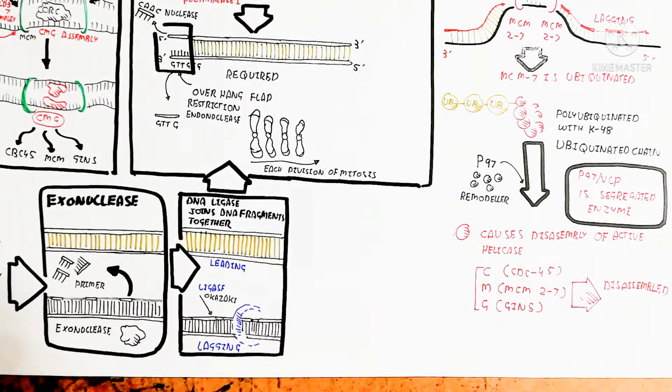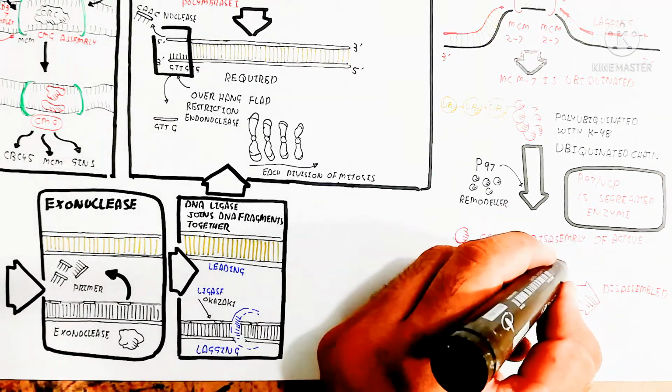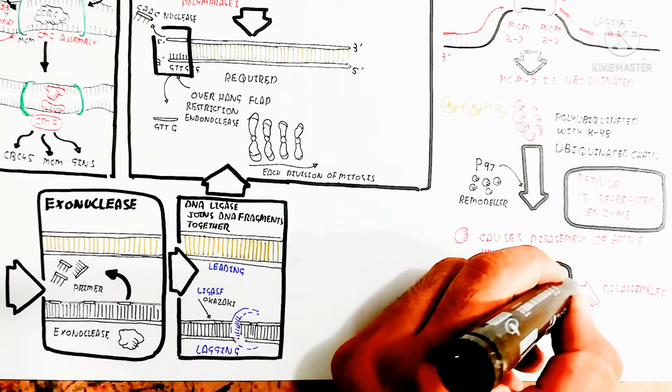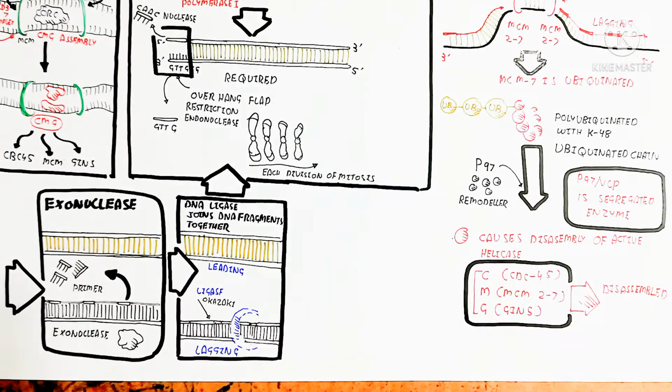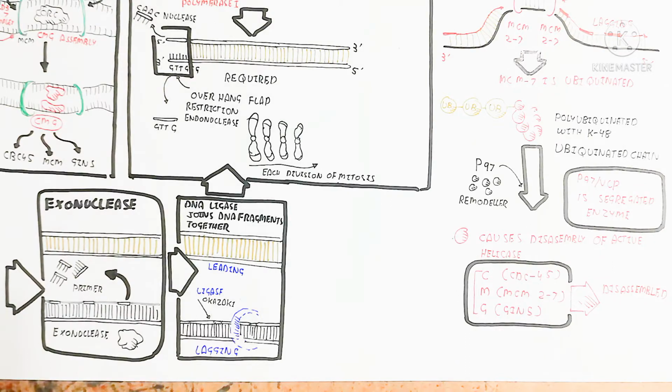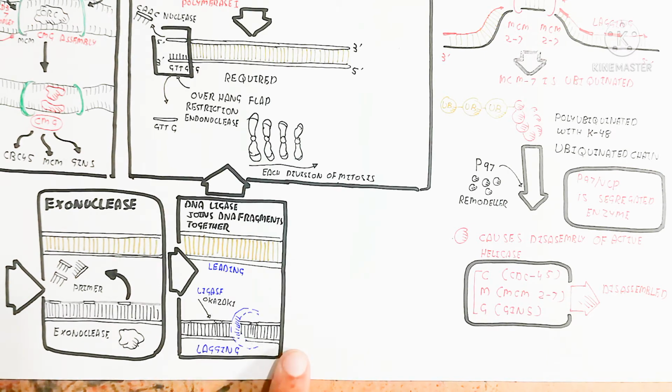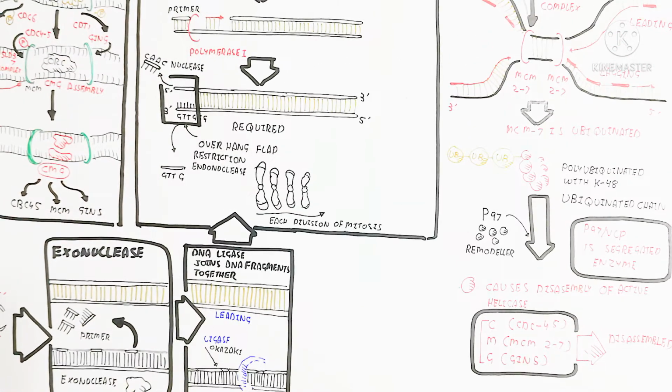So the CDC45, MCM2 to 7 and GINS proteins are disassembled, the DNA replication will be complete, and the cell will be divided, and cell division will occur.